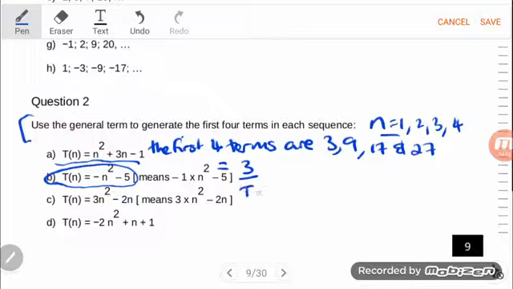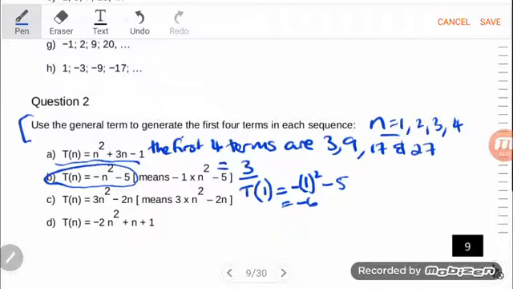So, T of 1 is equal to minus 1 squared minus 5. Well, it's going to be a negative 1 because 1 squared is 1 times negative 1 is going to be negative 1. So that's going to be negative 6.